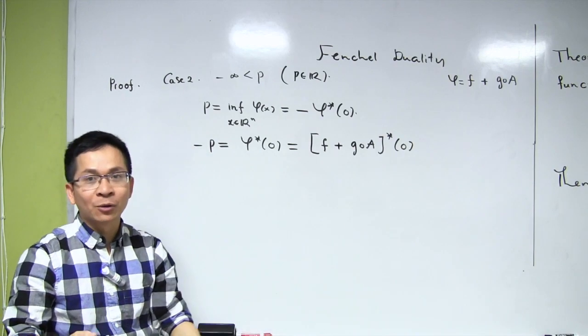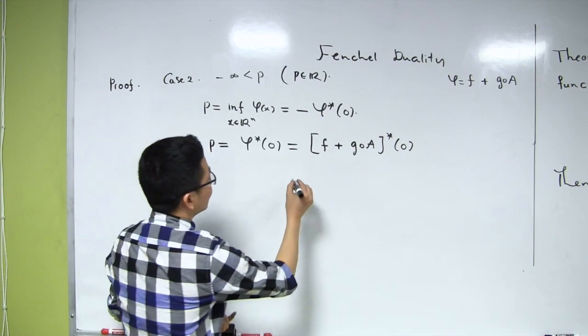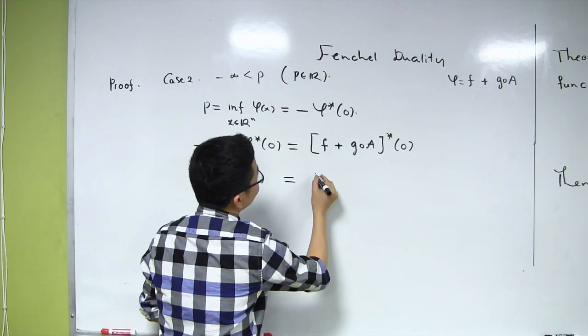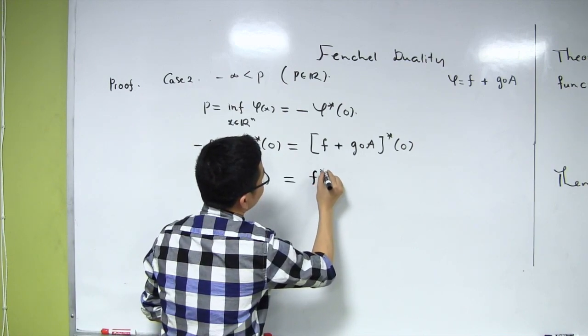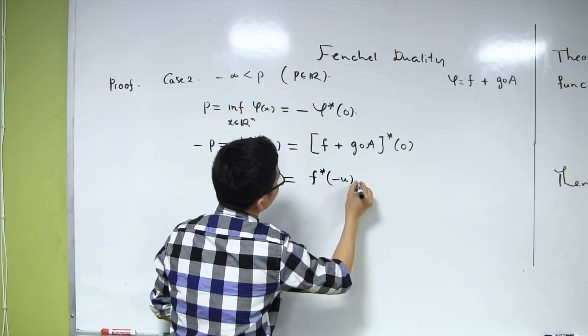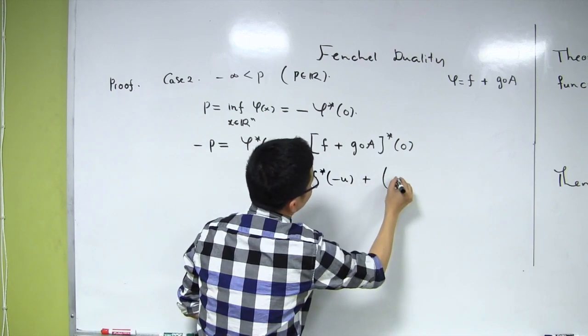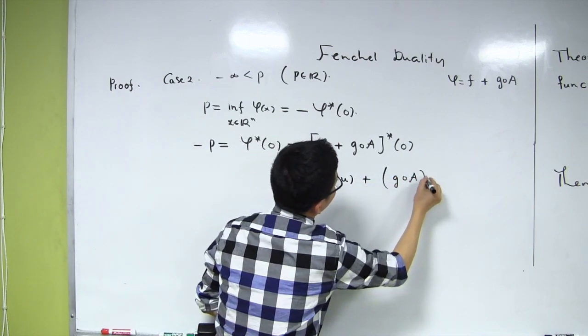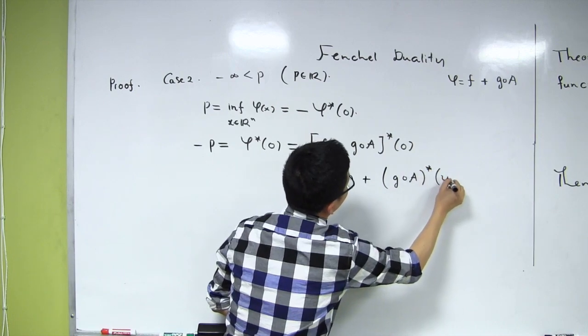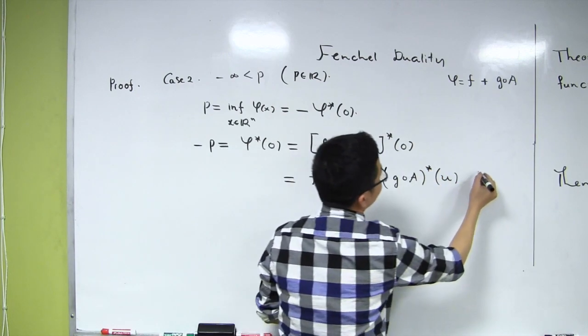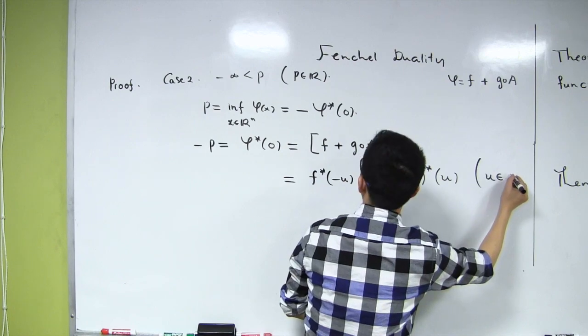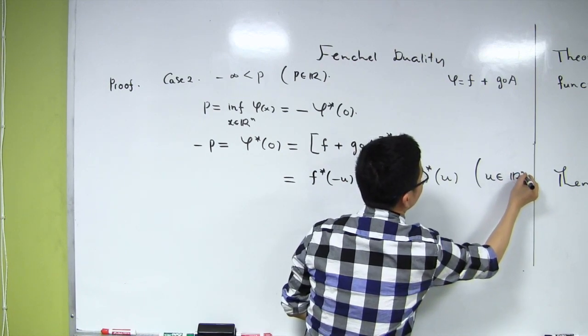So by the Fenchel conjugate sum rule, this can be written as f star of minus u plus g composed with A star of u, for some u in Rn.